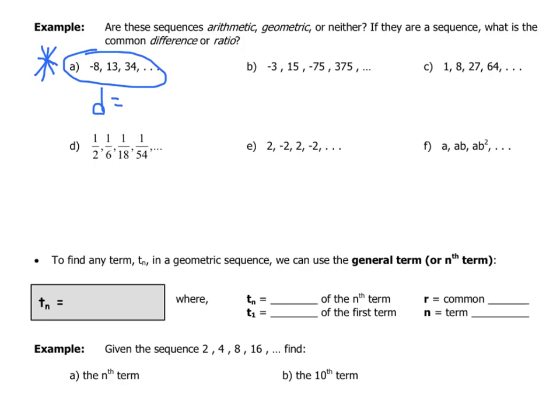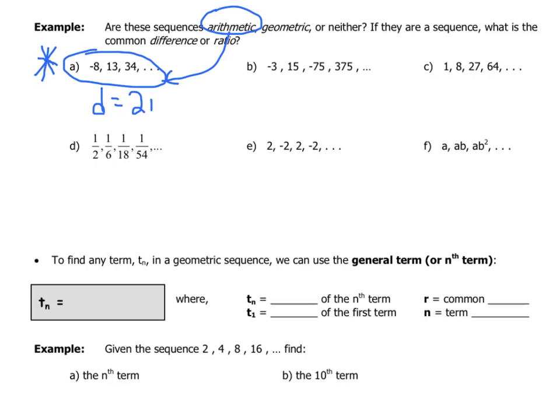How much is it going up by? It's going up by 21. So you add 21 to negative 8, you get 13, and add another 21, you get 34. Okay, so that one we could say is an arithmetic sequence. For none of the other ones do we have an arithmetic. This is the only arithmetic sequence.